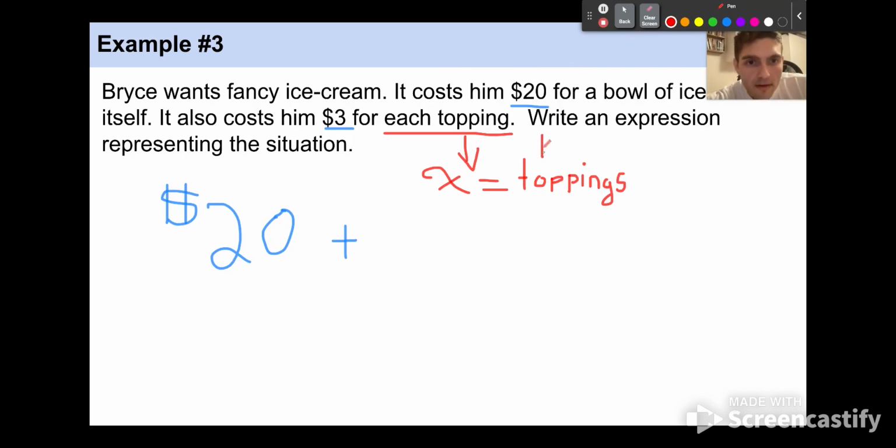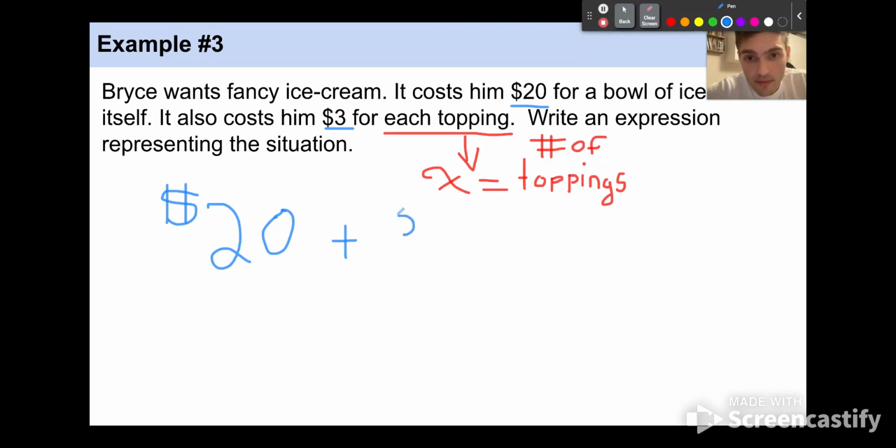Or rather, X equals the number of toppings. Now, we have a variable for the number of toppings. So for every topping, every time he gets a topping, it's $3. Well, we already practiced this.